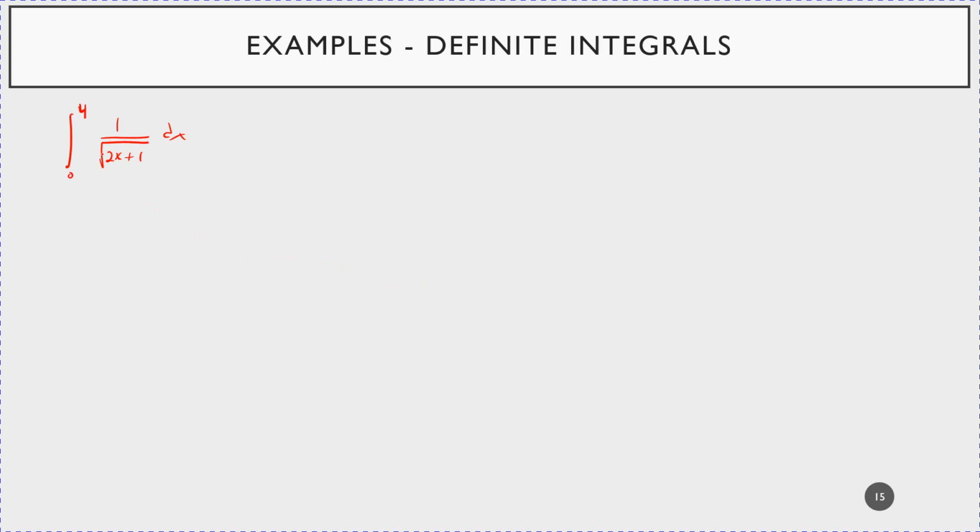Again here, what you're going to have to do is let u be the inside of this square root. So let u equal 2x plus 1. That means du is equal to 2 dx. So I can substitute in for the dx. I just have to move this 2 over. So this is 1/2 du is equal to dx.